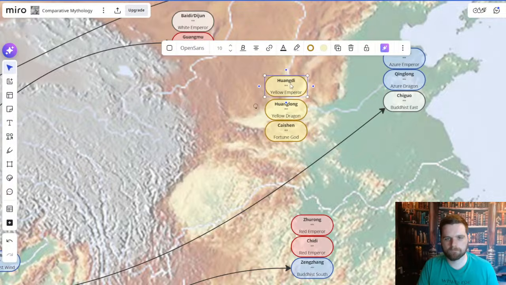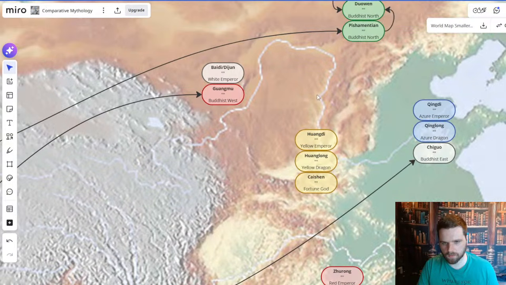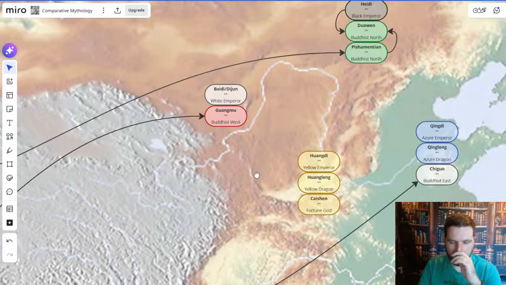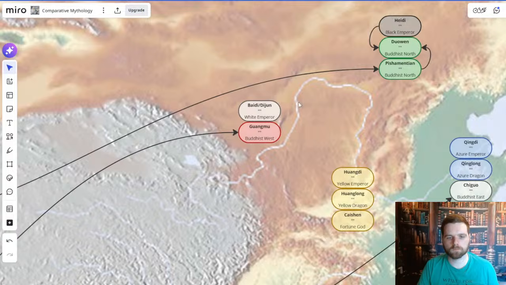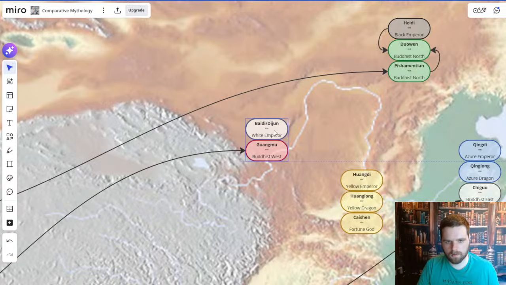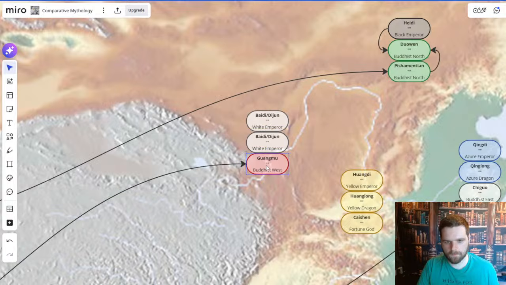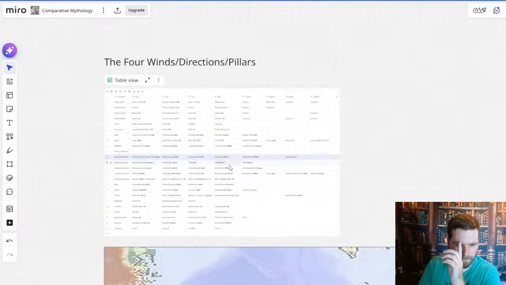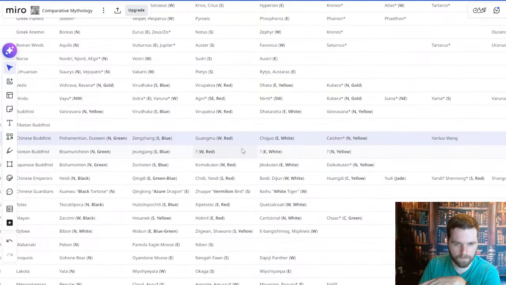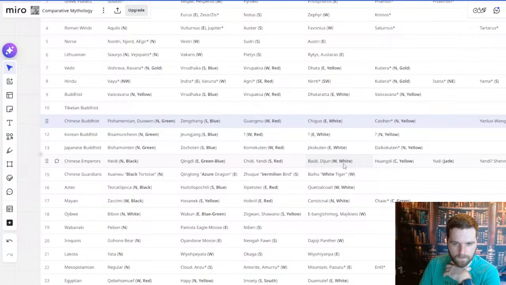The yellow dragon. Also, the Kirin is sometimes considered to be a stand-in for the yellow dragon, as a symbolic animal representative of Huangdi.